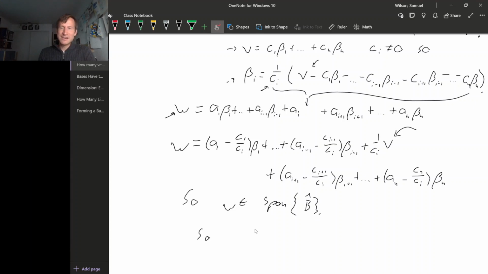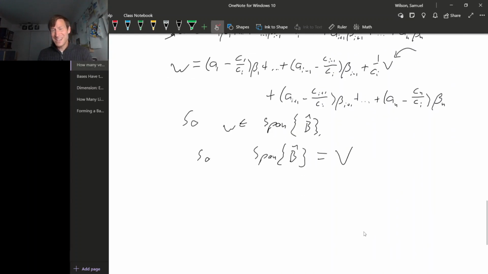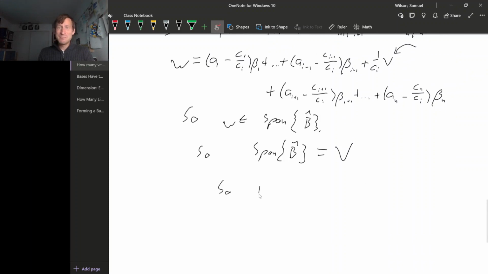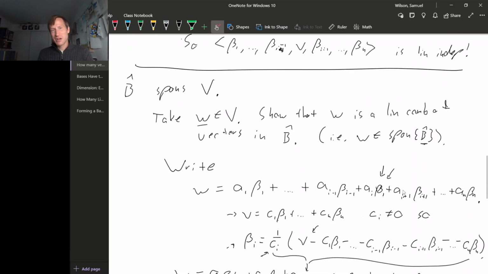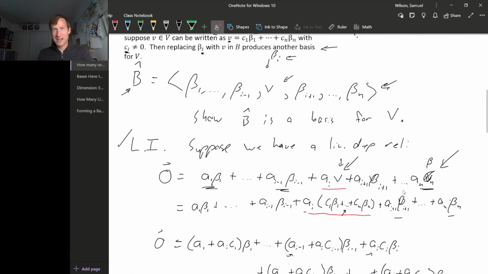So the span of B hat is equal to our whole vector space V. So B hat, remember, we already know it's linearly independent, so B hat is a basis for V.